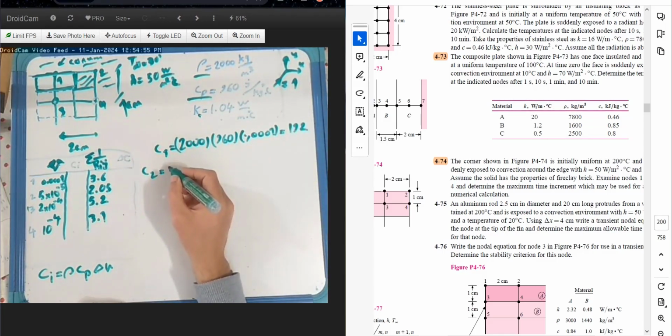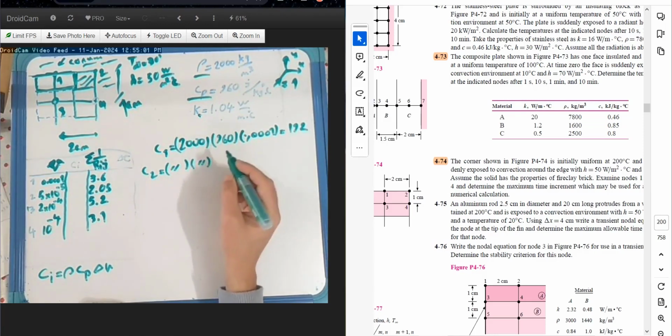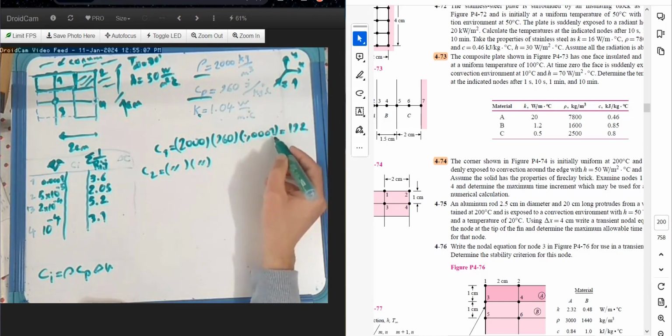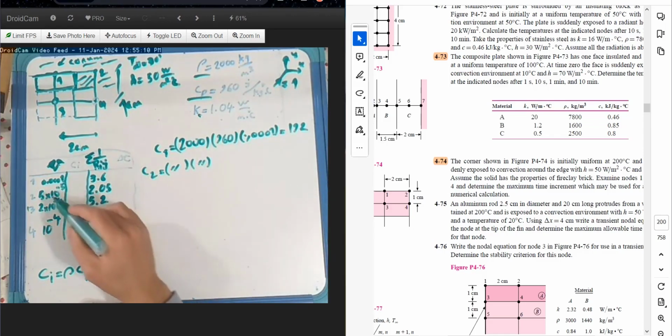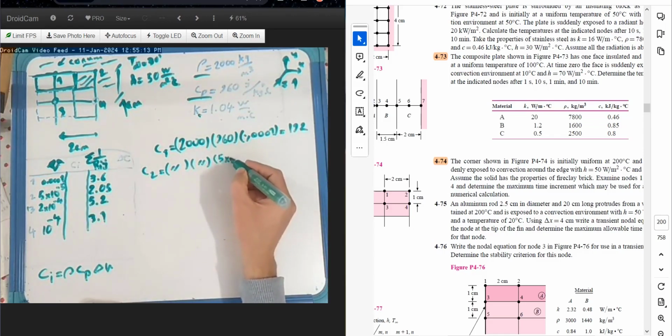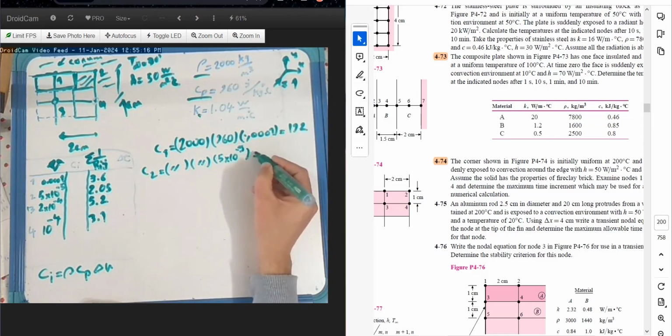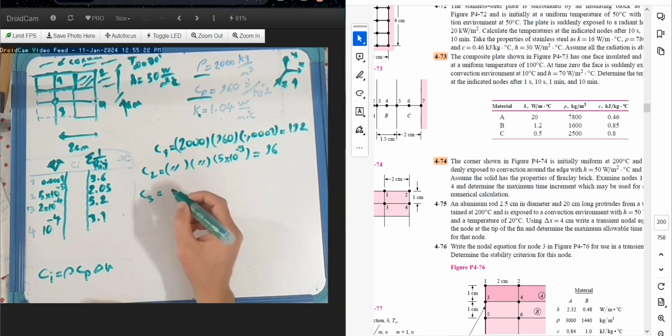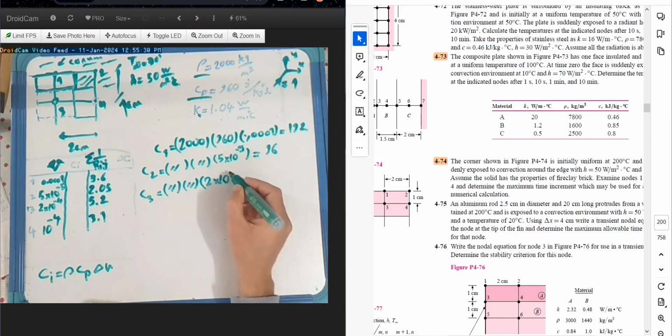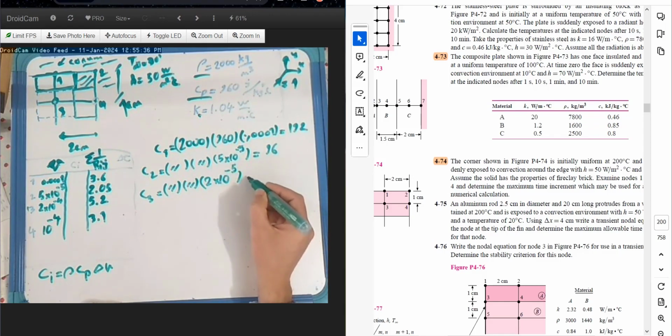For point 2, again this one, because density and heat capacity are similar for all of the points. Just this number is different because of the volume of that. Okay, 5 times 10 to the minus 5 would be 96. C3, again similar, and multiply by 2 times 10 to the minus 5.